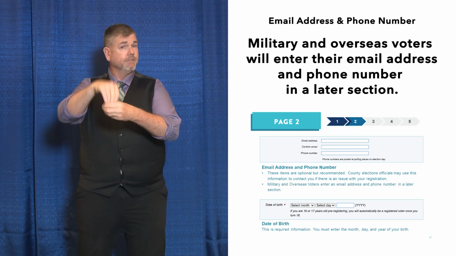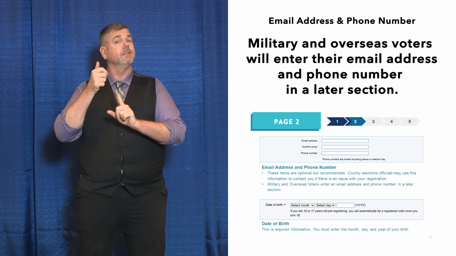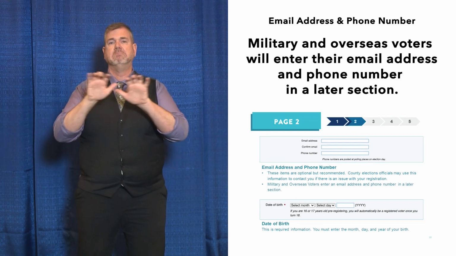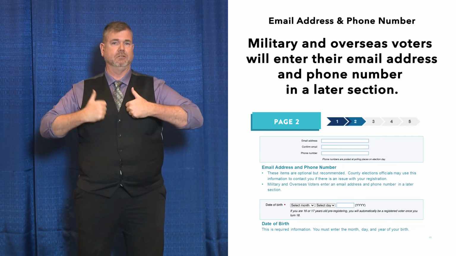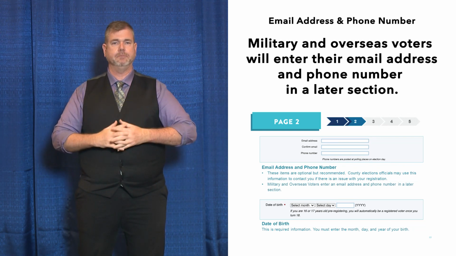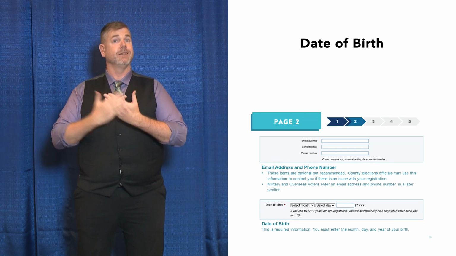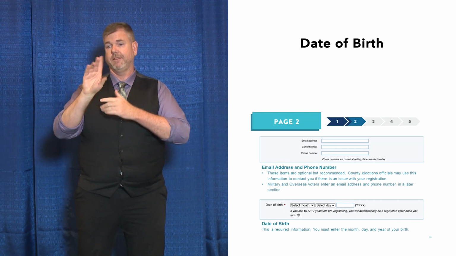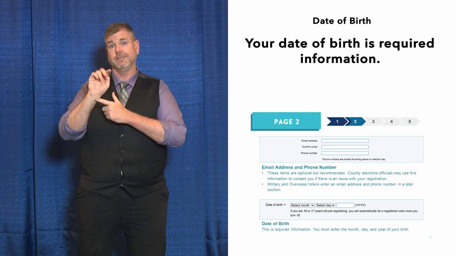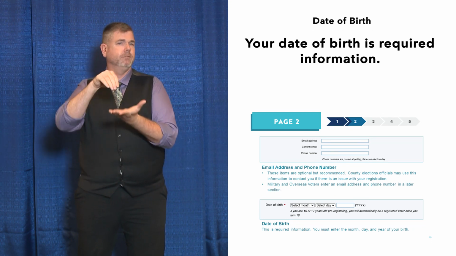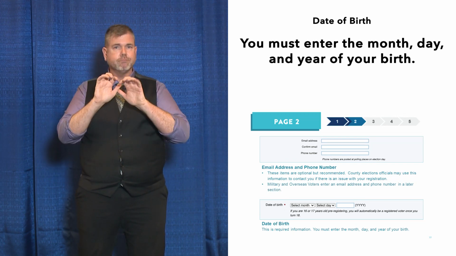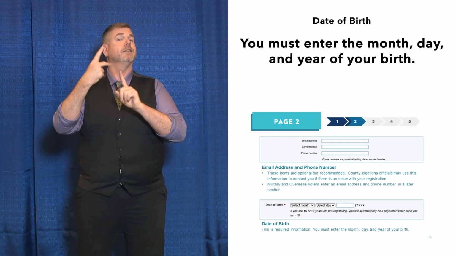Military and overseas voters will enter their email address and phone number in a later section. Date of birth. Your date of birth is required information. You must enter the month, day, and year of your birth.